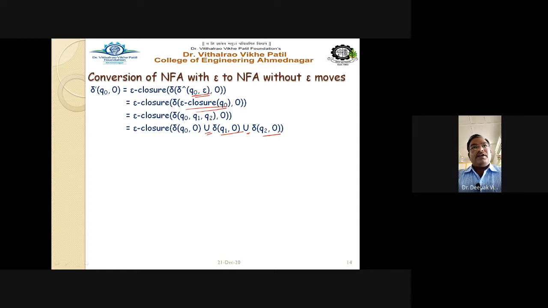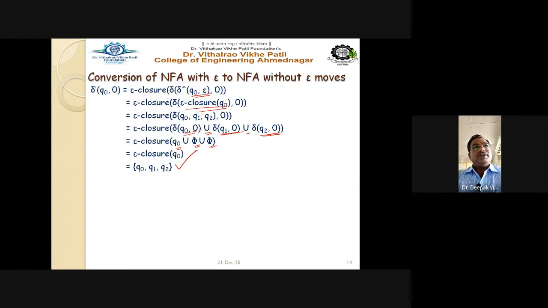Right? And the answer is Q0 on 0, there is a transition and it goes to Q0. Q1 on 0, there is no transition, that's why it is written as phi. Q2 on 0, no transition, that's why written as phi, right? So epsilon closure of Q0 is nothing but Q0, Q1, Q2. So first answer we have got here, that is Q0, Q1, Q2.